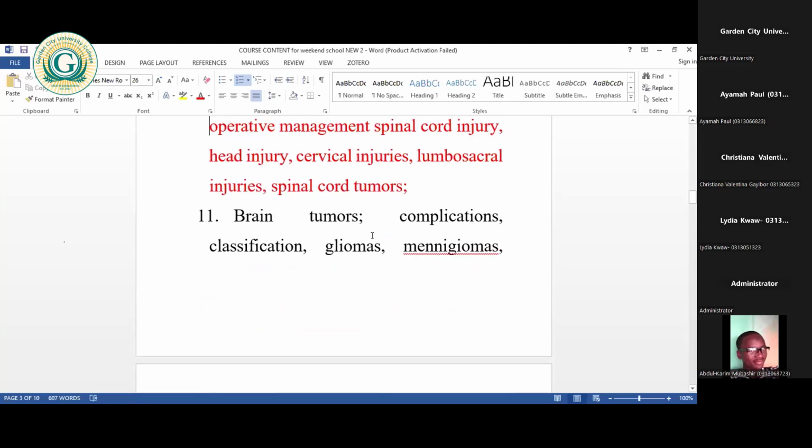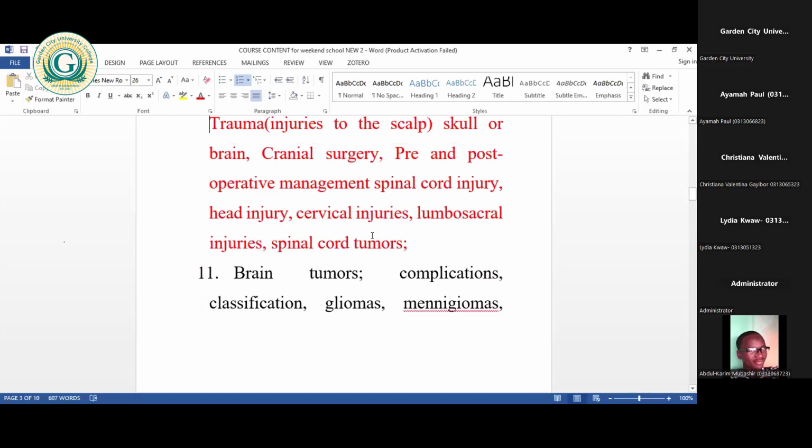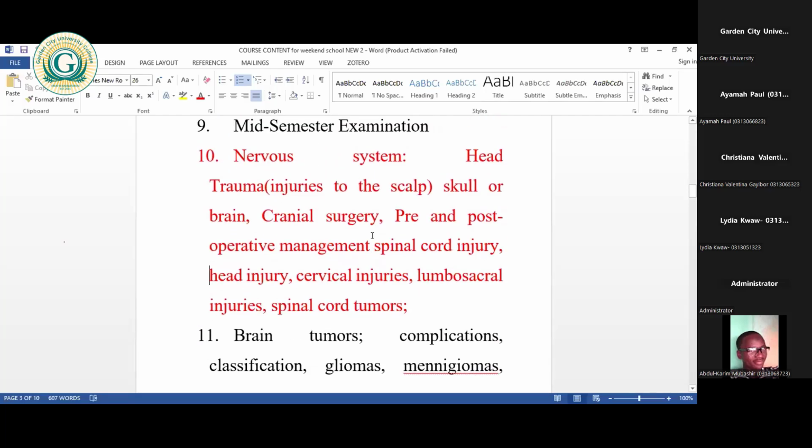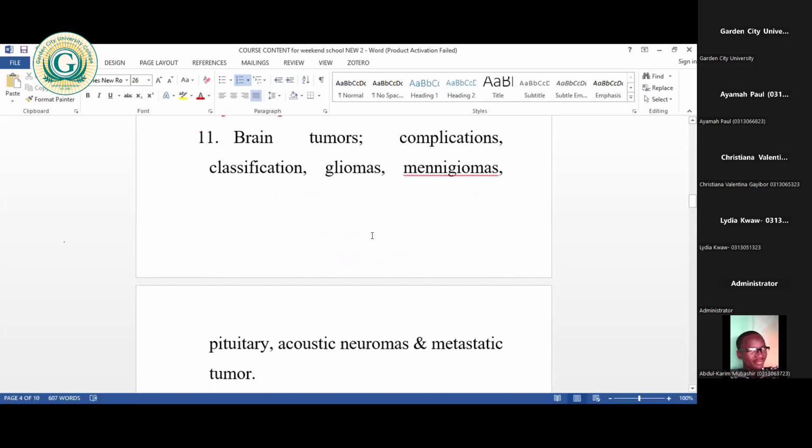Then we look at the brain tumors. Under the brain tumors, we look at complications, classifications, gliomas, and meningiomas, pituitary, acoustic neuromas, and metastatic tumors.